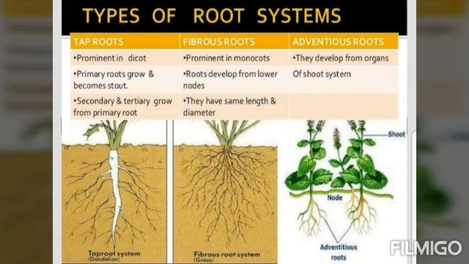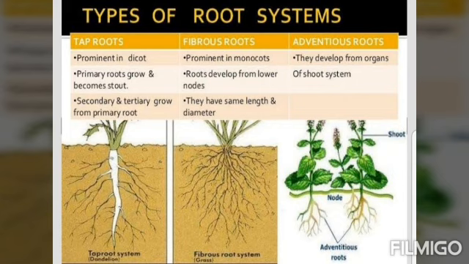plants. In monocot plants, the primary root is short-lived and is replaced by a large number of rootlets. These roots originate from the base of the stem and constitute the fibrous root system. In some plants like grass, monstera and banyan tree, roots arise from parts of the plant other than the radicle and are called adventitious roots.